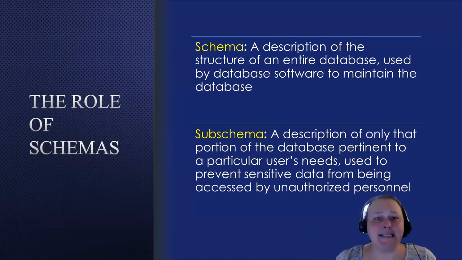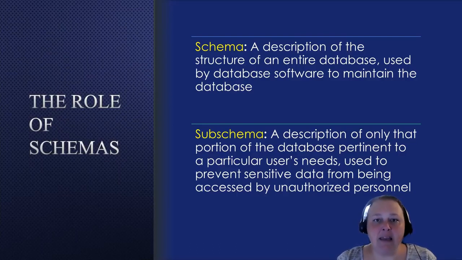Now, a database has got to have some kind of plan or roadmap. We call that a schema. A schema is the description of the structure of how the database is put together. This is typically used by database software to maintain the database. A sub-schema, on the other hand, is a description of a specific portion of the database pertinent to the specific user's needs. For example, in the previous slide, we said there were several different departments that accessed the database.